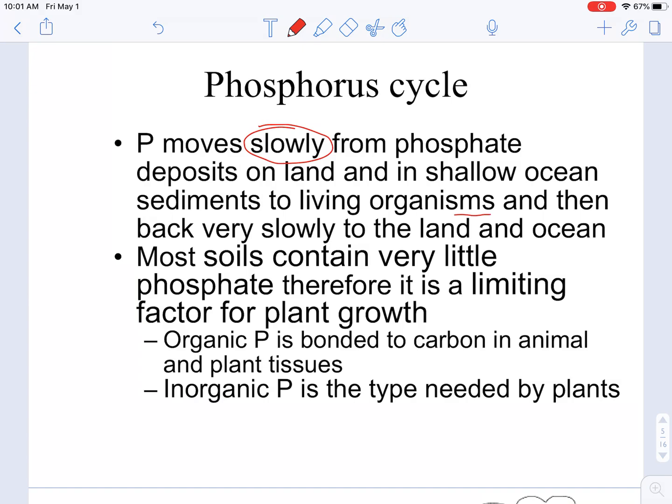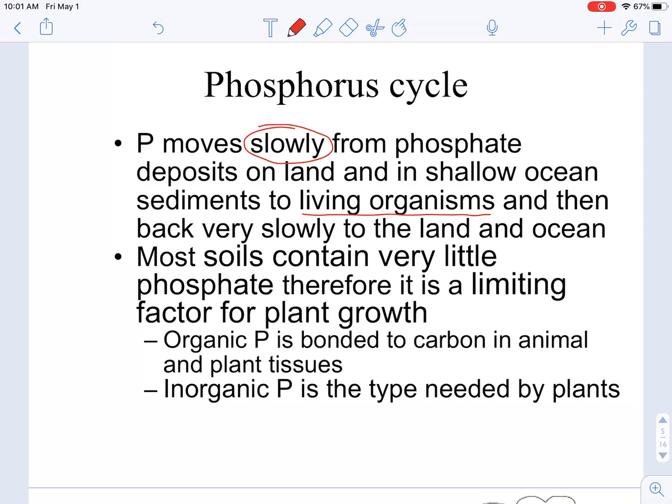Okay, so kind of the geosphere, hydrosphere part of the phosphorus cycle, back to living organisms. Again, that's very similar to the carbon cycle. Okay, the slow part of the carbon cycle was the geosphere, very slow hydrosphere. And then when we get into living things, that carbon could jump from one thing to the next very quickly. And that's the same here with the phosphorus cycle.